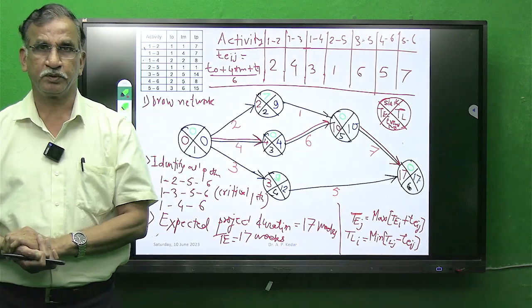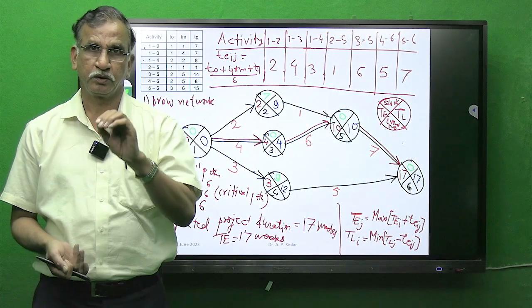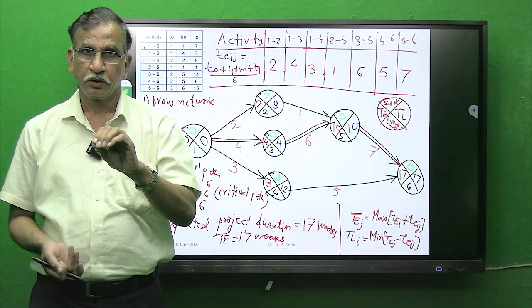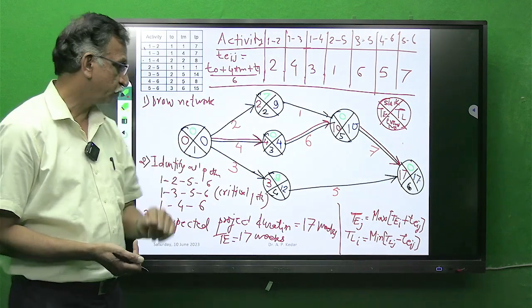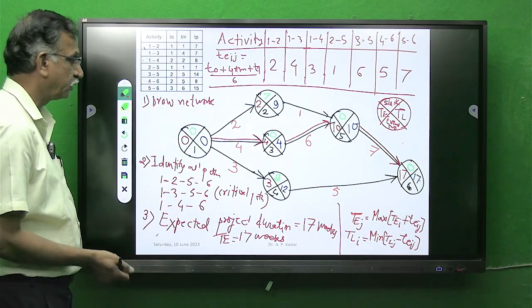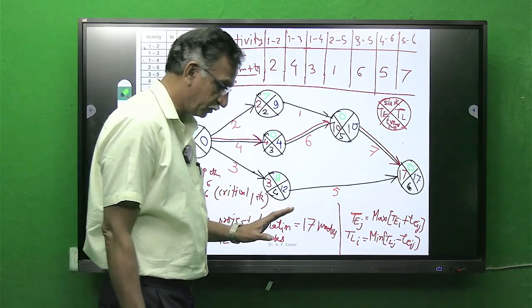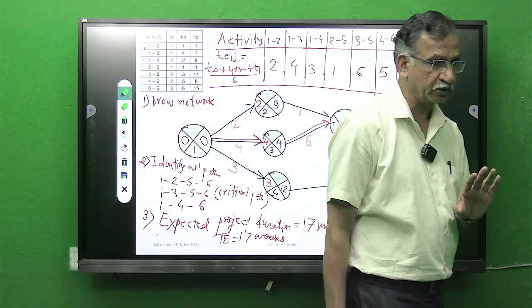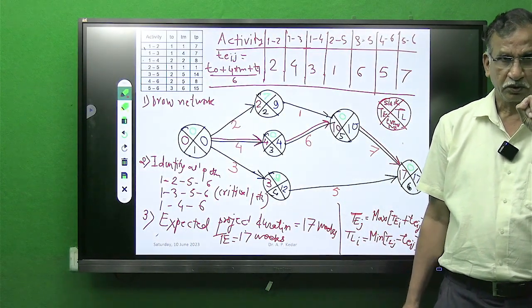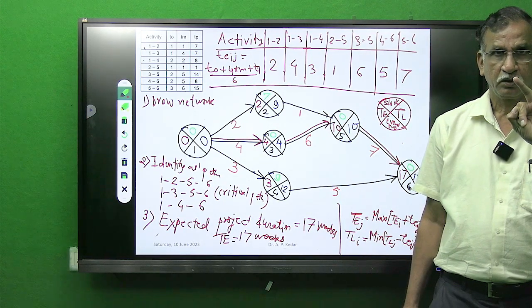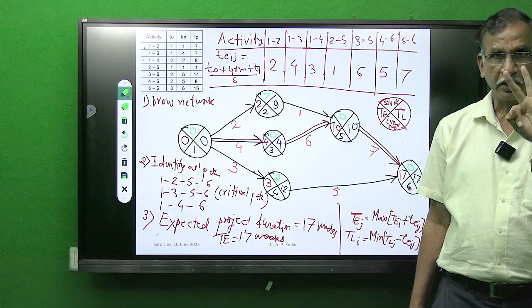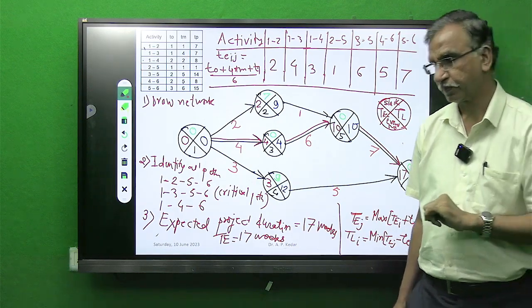During expected duration meaning during 17 weeks. So what is asked in this problem is, we are supposed to find probability of completing the project within 13 weeks, then 21 weeks and 17 weeks.